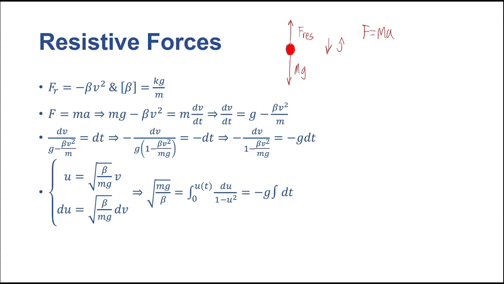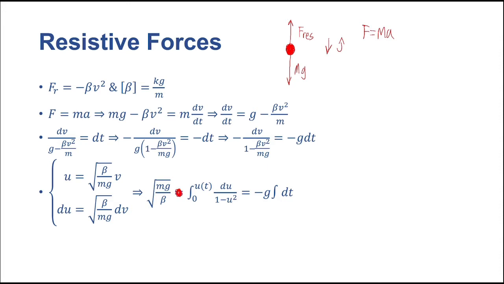So let's deal with that. We're going to set u equal to the square root of beta over mg times v. And of course, you differentiate, the v goes to the dv for du. So we are going to get, sorry, this should be a times symbol, that's not an equal symbol.